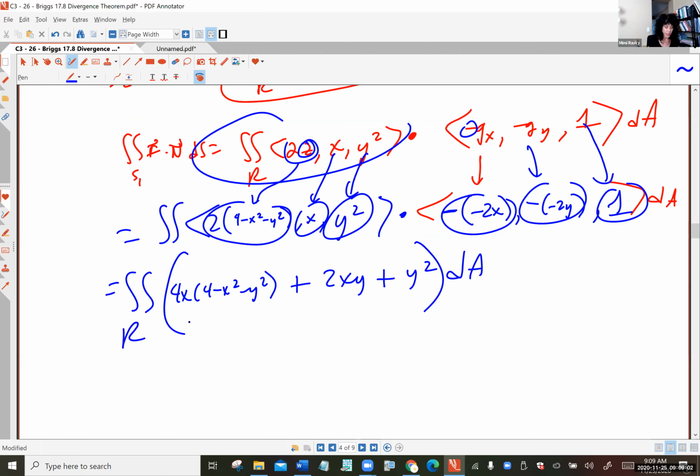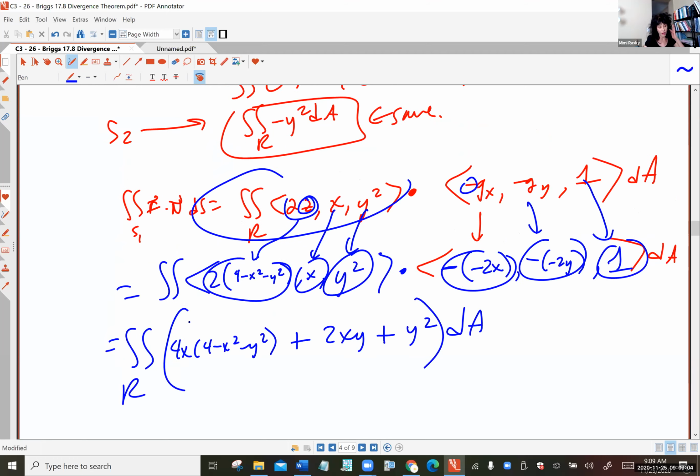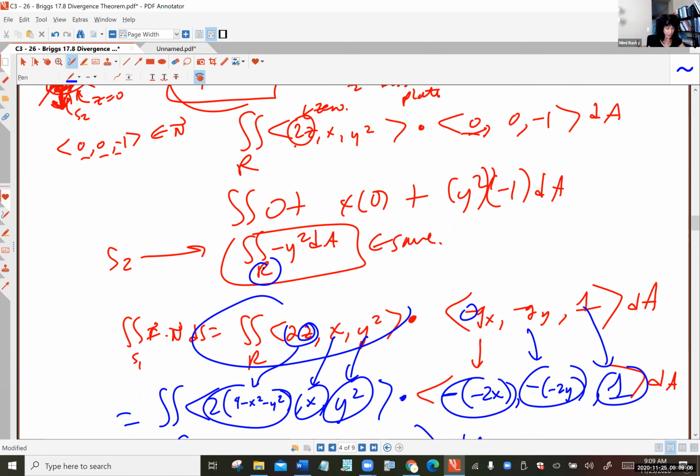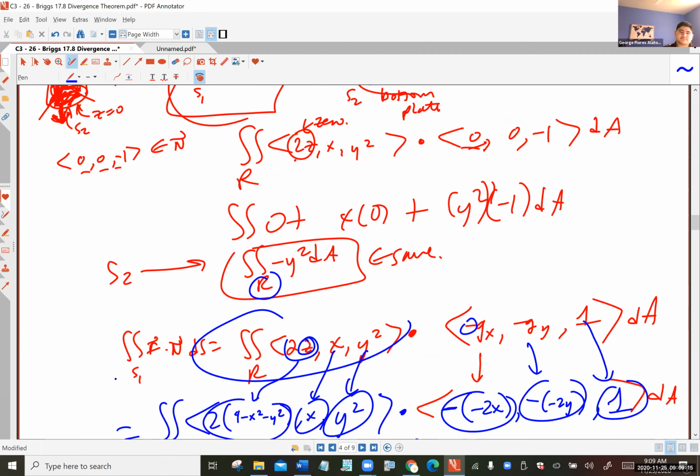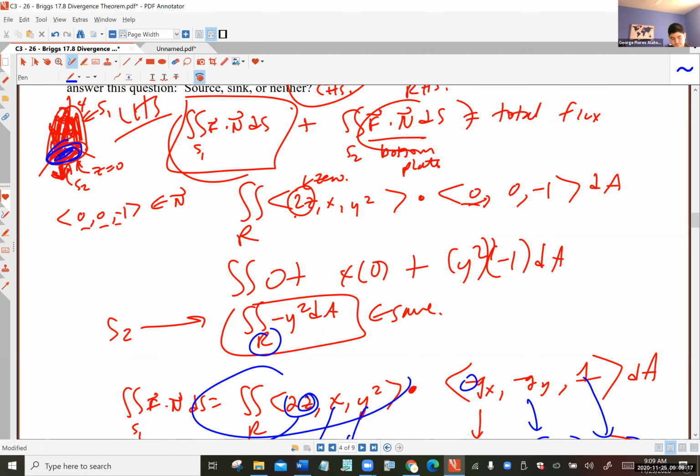Now, I haven't said what the region is yet, because I've been kind of holding off. So what is this region and what is this region? I claim for this particular problem, those are exactly the same, because the base of the solid is the region on which the paraboloid would have his double integral also.